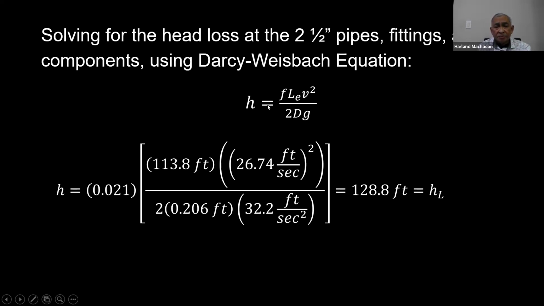The head loss H is equal to F, which is the Moody friction factor, and L sub E, the equivalent length, times V squared, which is the velocity in feet per second, all over 2 times the inside diameter, which is 0.206, and g, 32.2 feet per second squared. The result will be 128.8 feet for the head loss.